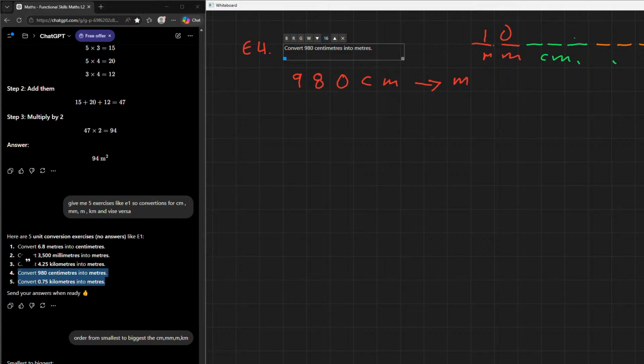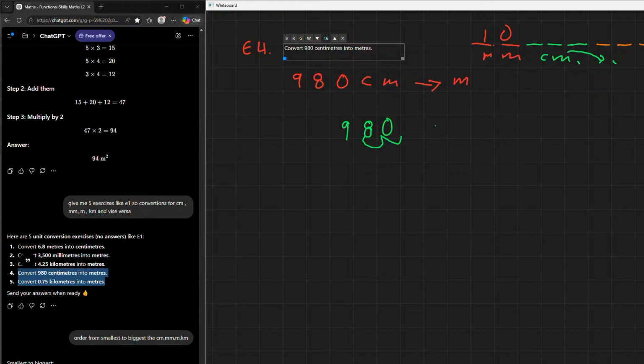So this means to go from here to there. It's this 3. Then from this to this. Okay. So divide 100 is what? 980 by 100.